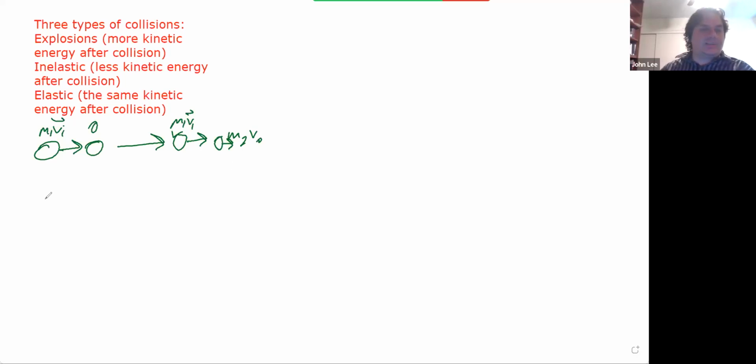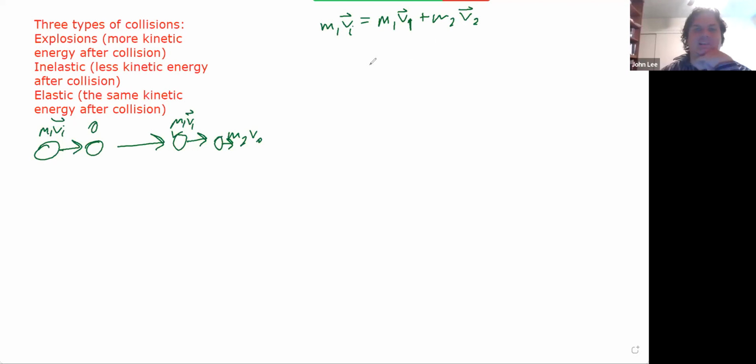So basically, if m1 is equal to m2, then this becomes really easy, but let's just say that m1 v initial is equal to m1 v1 plus m2 v2.